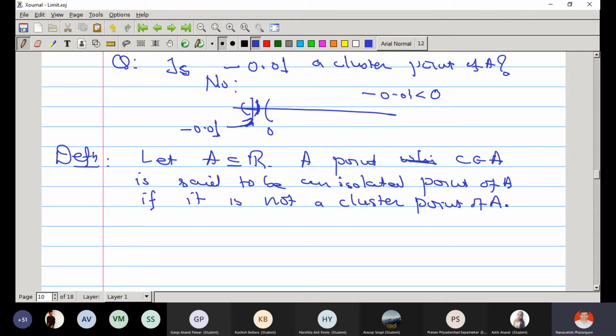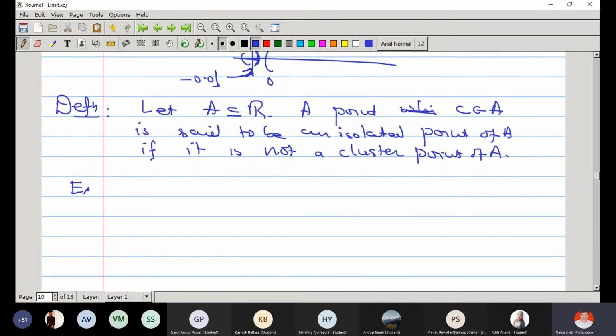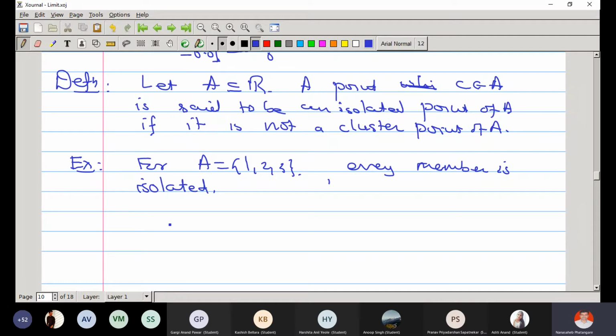So now you understand that isolated point means it is not a cluster point. So for example, for A equal to 1, 2, 3, every member is isolated. Do you see it? And you can understand because there is a separation, right? And if you look at interval, then no isolated points.